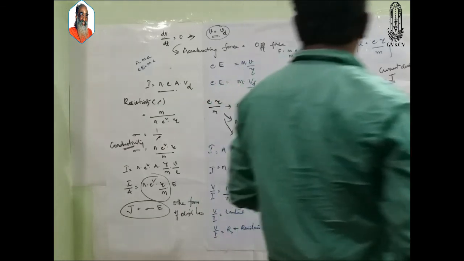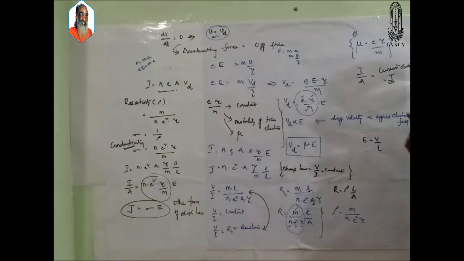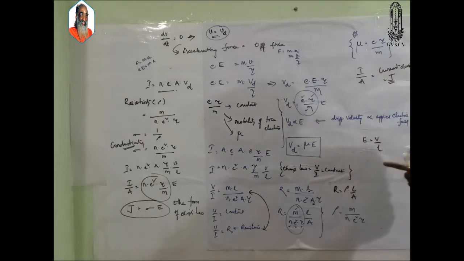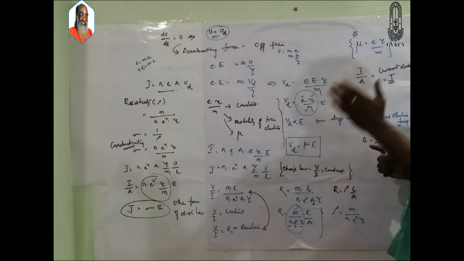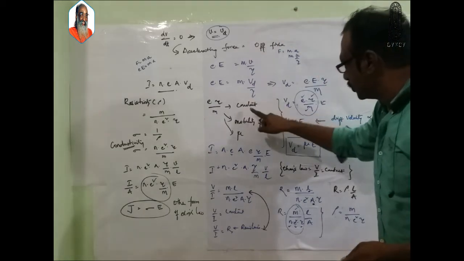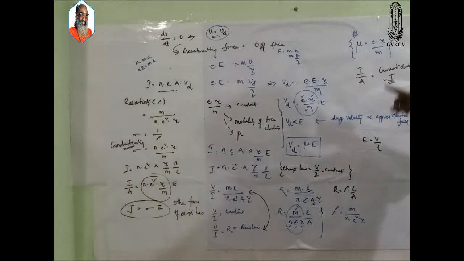Right from the beginning, we understood what is relaxation time, what is the mean free path, and when this instantaneous velocity will become the drift velocity, when the accelerating force is equal to the opposing force. And from there we talked about one more important thing, the mobility of free electron, and we have derived an expression for this.